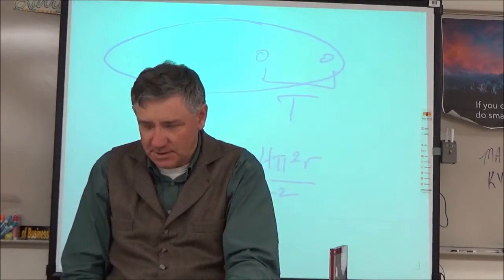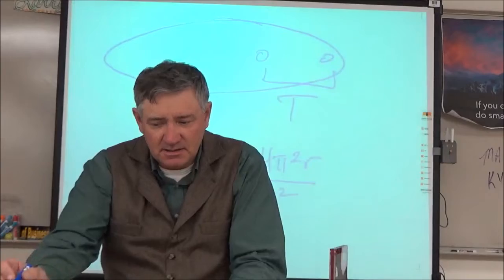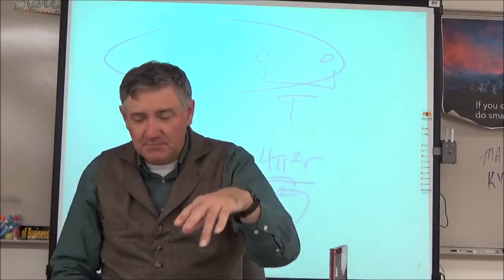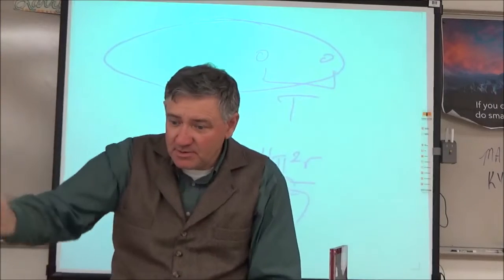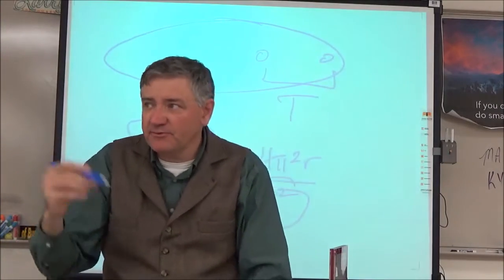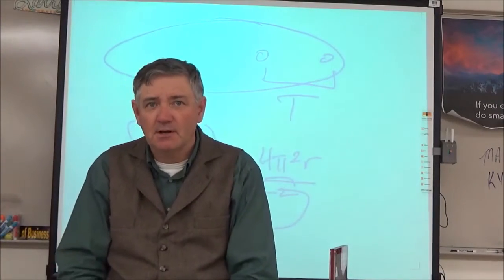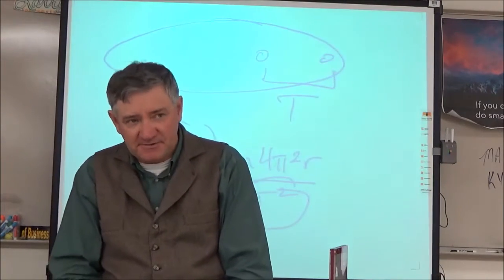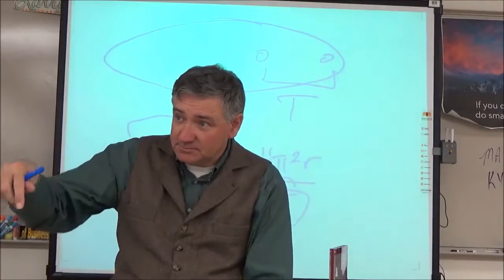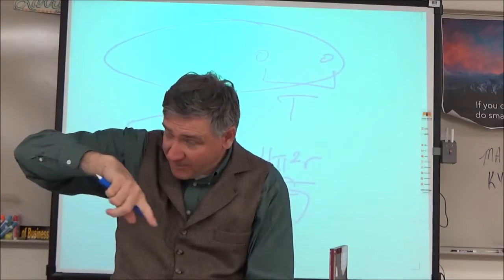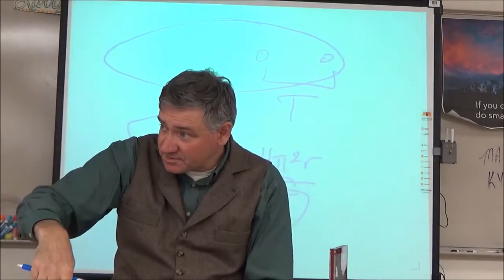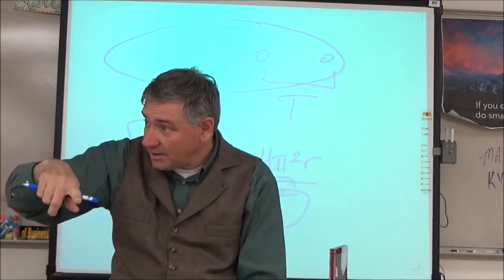Yeah, probably. Is the period of each one going to be the same? Yeah. So as the radius gets bigger, what happens to the amount of centripetal force that you need? It gets bigger, right? So the further out you are, moving with a constant value of T, the bigger the radius is, the greater the centripetal force, because you're moving faster, right?